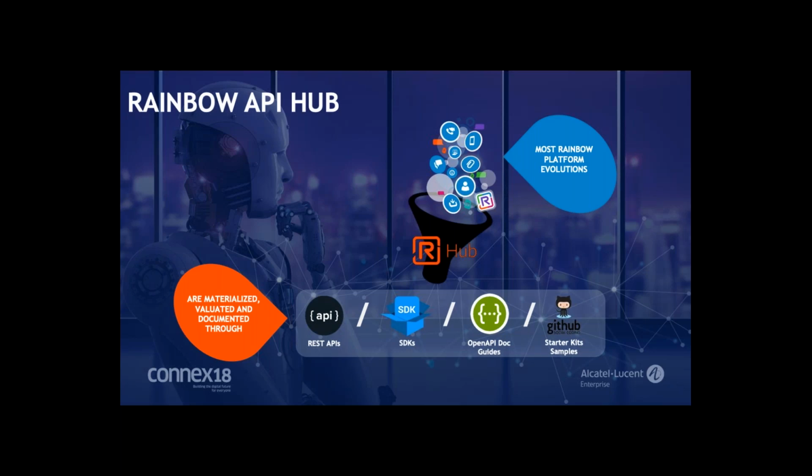Most of the time, when we add a new feature to Rainbow, we offer the associated APIs, documentation, and samples on the Rainbow API Hub. So, concretely, you will find on that portal our SDKs, our REST API, and all the materials you need to start, including a lot of samples and starter kits that you can download from GitHub.